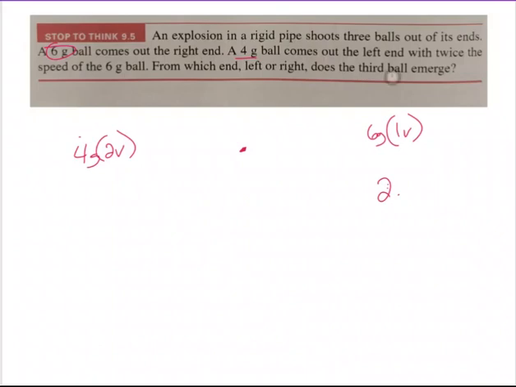From which end does the third ball emerge? It has to emerge from the right hand side. We don't know enough about the last ball, but we know it has to come out the right hand side with some mass and velocity. That's how you answer that question to maintain the conservation of momentum.